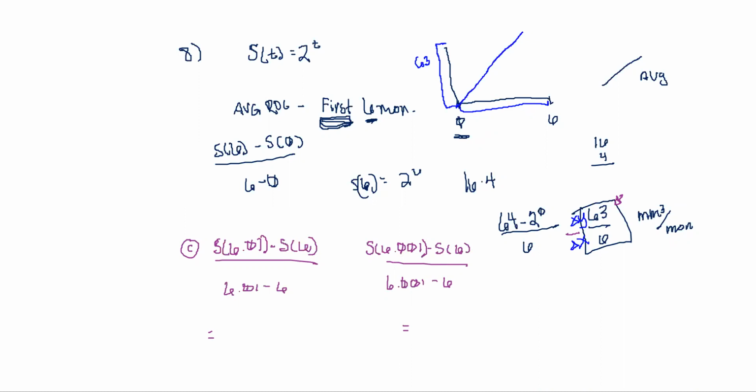for S of 6.01, it would be 2 raised to the 6.01 power. Yep. So 64.5, 4, 4, 5, and it kind of keeps going. And then for 6, we know that's 64. Yeah.